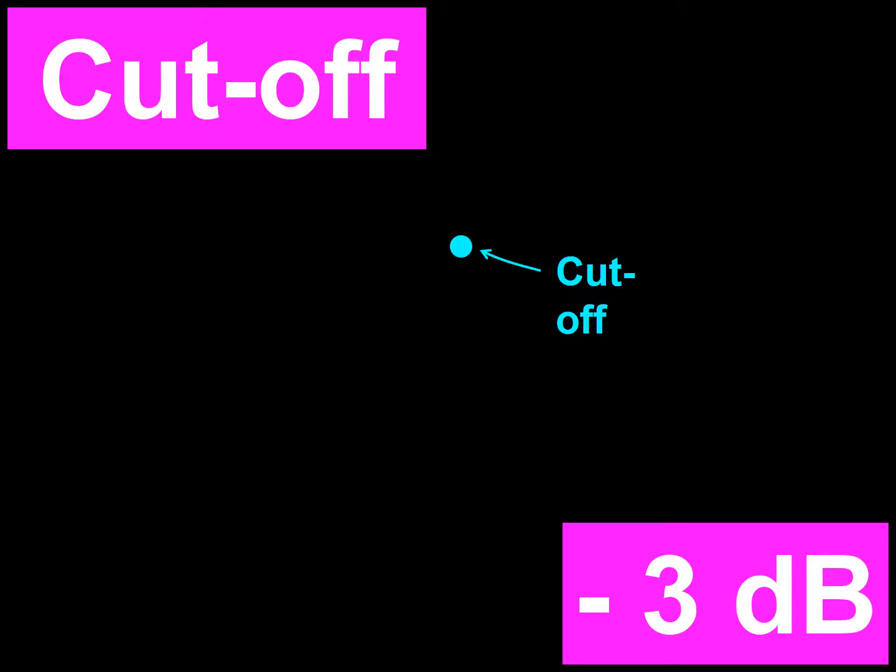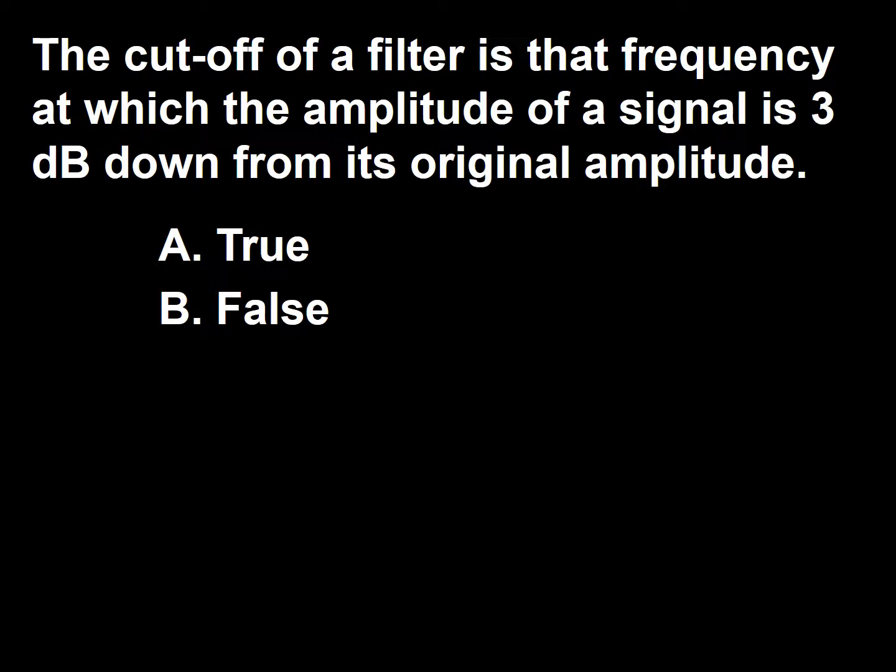This degree of attenuation corresponds to 3 dB down from the original amplitude of a wave. So some authors talk about cutoff of a filter using dB as a unit. So the answer to this question is A.